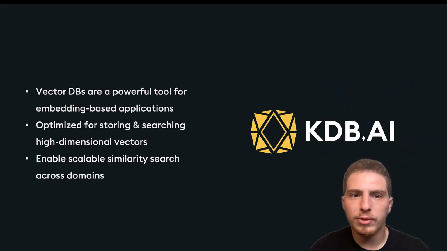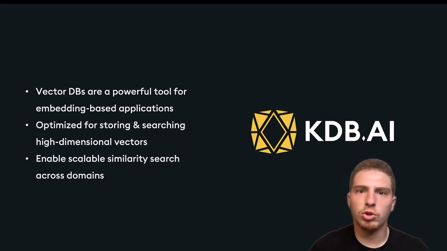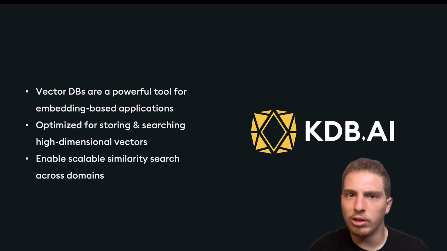In general, KDB.AI and vector DBs are powerful tools to build embedding-based applications. There are many different applications that you could build with a vector database just because it's a very robust tool. Very often you need to search unstructured data and get relevant results.